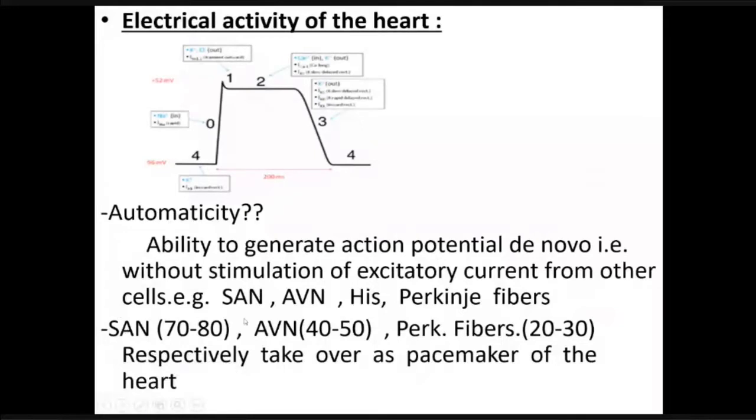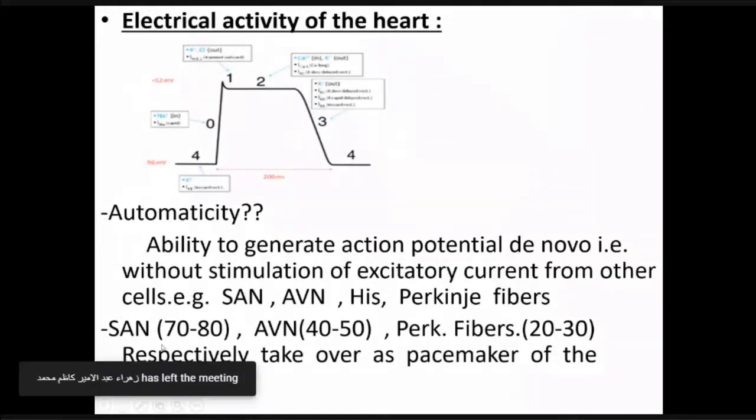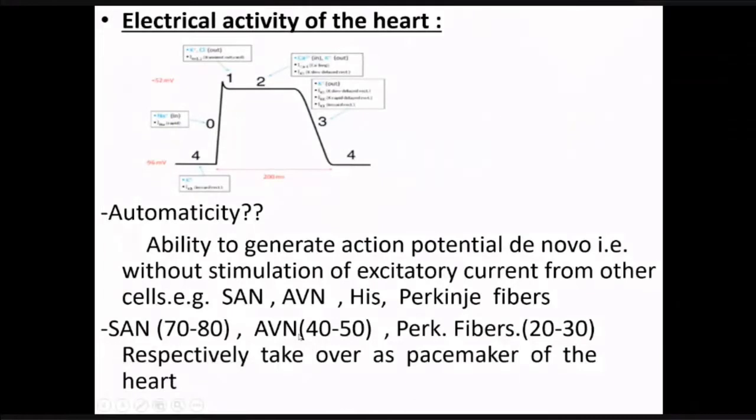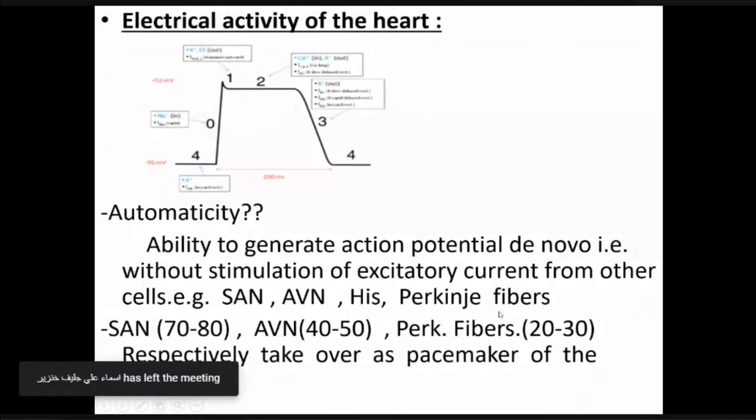The SA node will normally generate around 70 to 80 electrical impulses per minute, while the AV node will usually give 40 to 50 impulses per minute, while the Purkinje fibers is around 20 to 30 respectively.